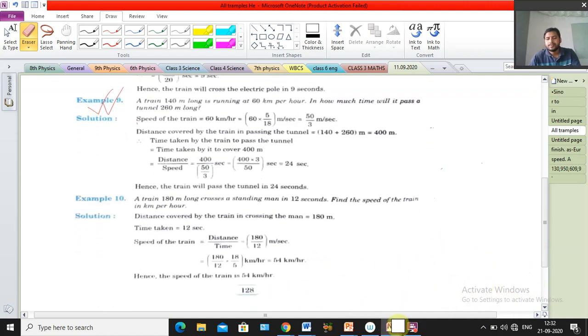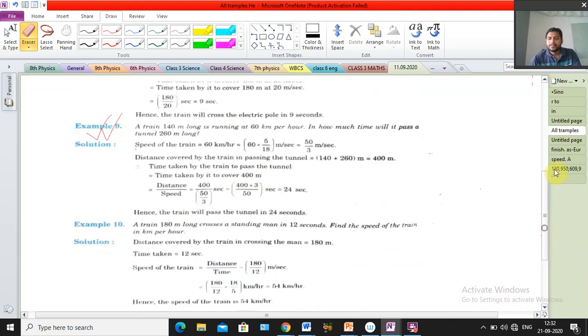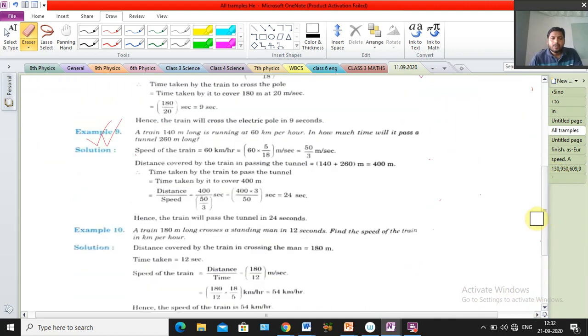See, the question is telling that a train 140 meter long is running, okay? So the train's distance is given, and speed is 60 km per hour. So speed given and distance also given, clear? So in how much time will it pass a tunnel 260 meter long, okay? Clear? Okay.